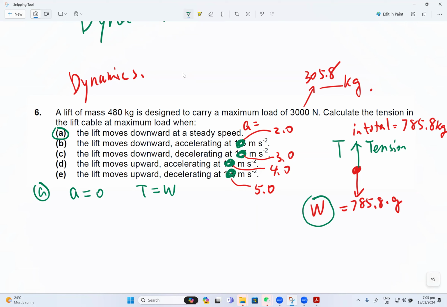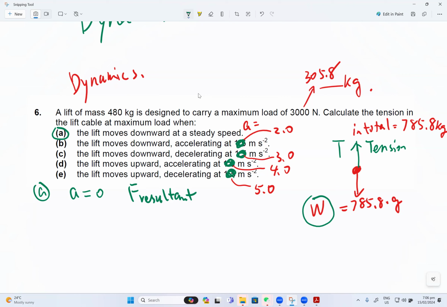Doesn't matter which way. Maybe moving up, constant velocity. Resultant force 0, because no acceleration. Because if you have acceleration, we got a resultant force. This one acceleration 0, which means resultant force 0. What's the resultant force? You got many forces exerting on the object.